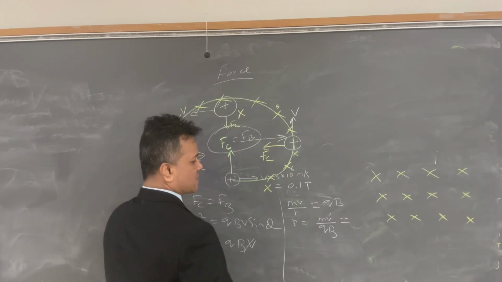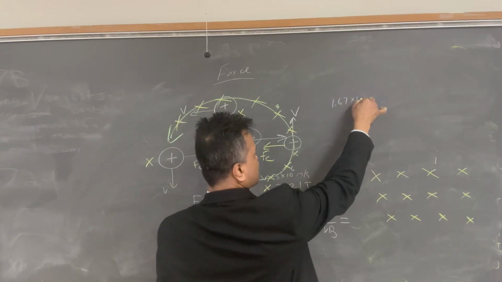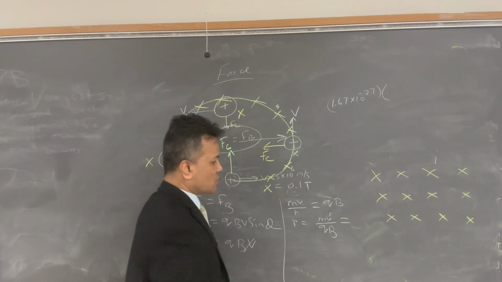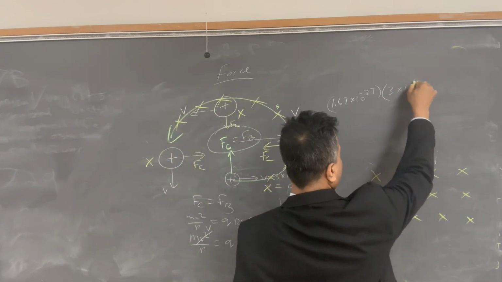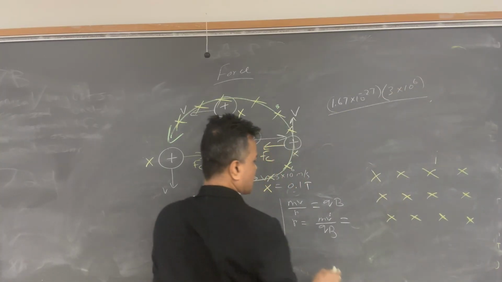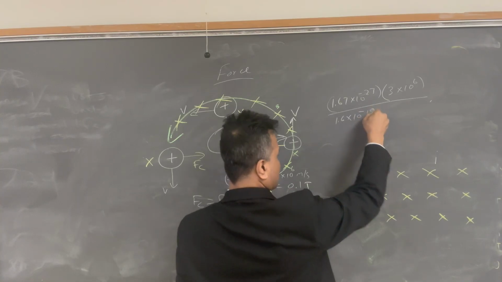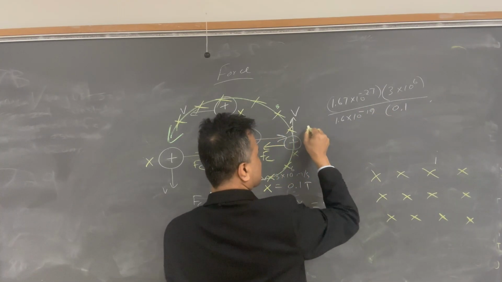Okay. So what is m? m is 1.67 times 10 raised to negative 27, that's the mass of a proton. v is 3 times 10 raised to 6. q is 1.6 times 10 raised to negative 19. B is 0.1 Tesla. And this is what?